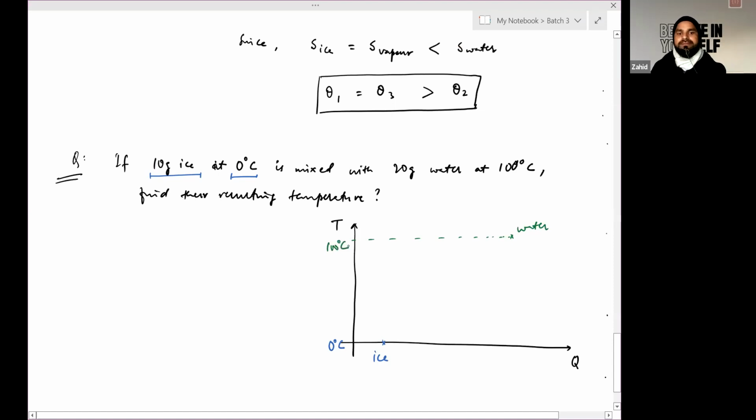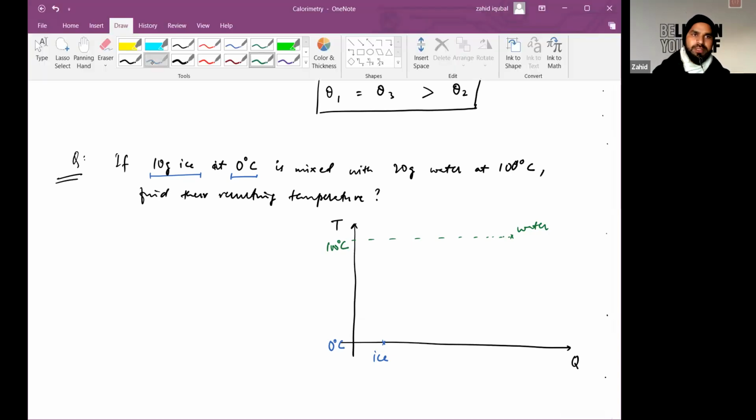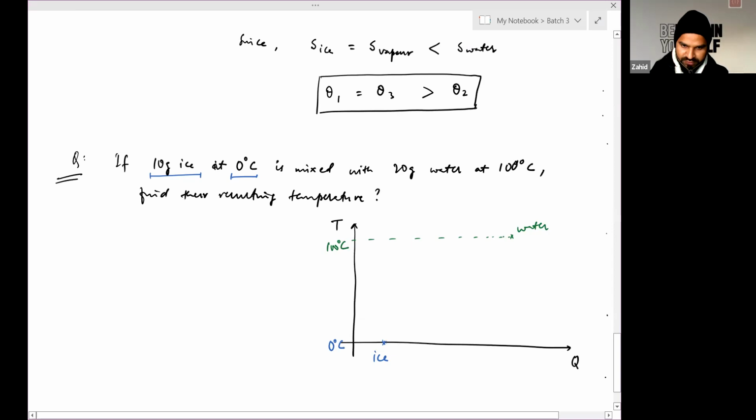So what will happen? Ice will require some amount of heat to change its state from ice to water. So it will go from this point to this point to convert into water. This amount of heat required by the ice to change its state, let's say Q1, will be termed the latent heat of fusion.